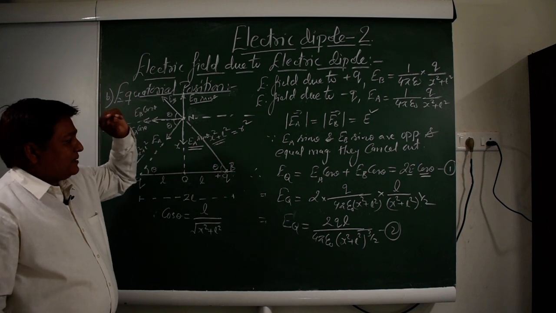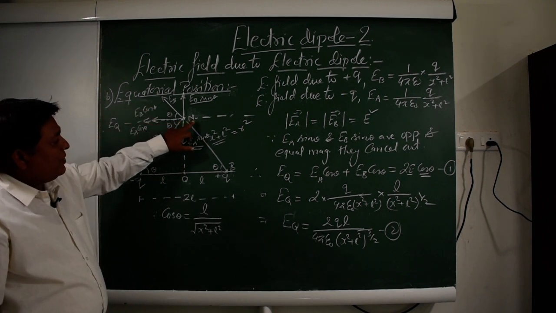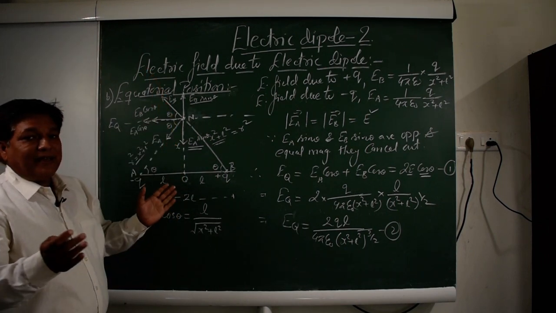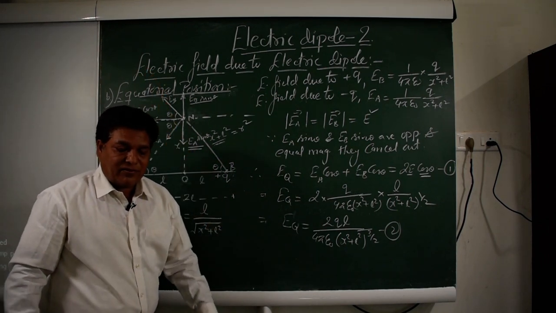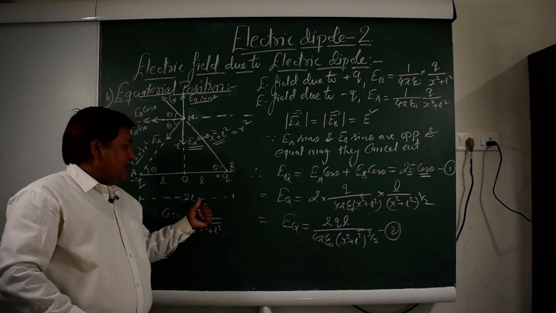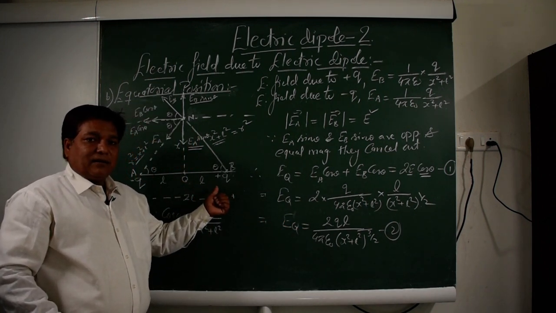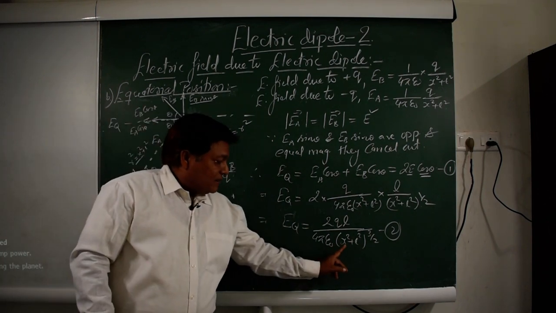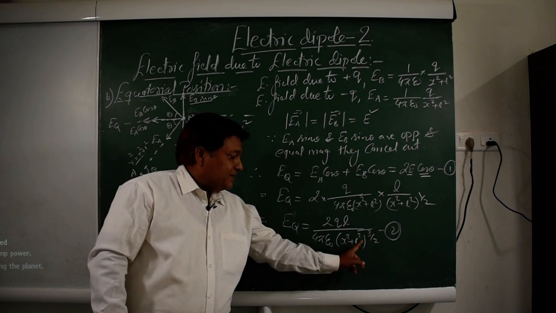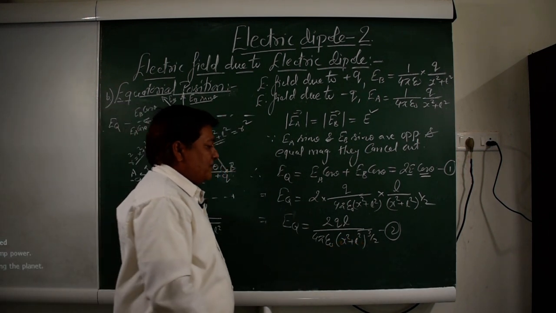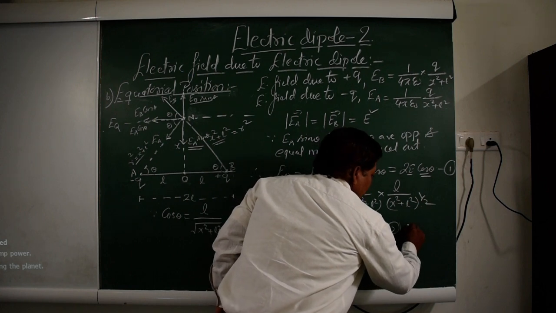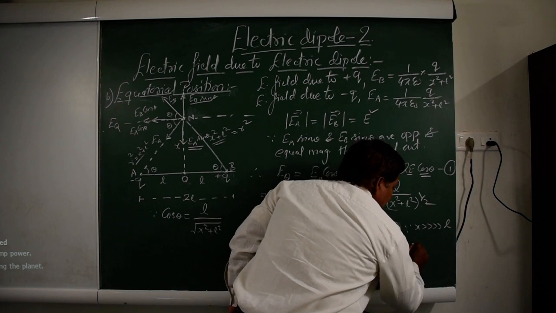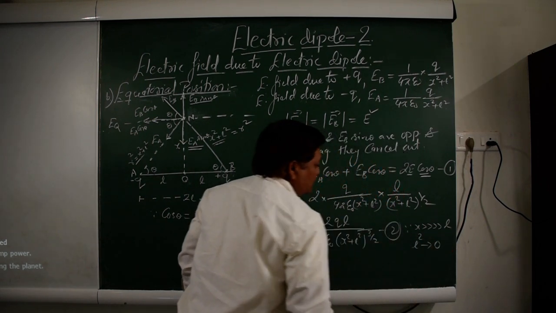Now suppose the distance of point N, which we have taken on the equatorial position, is very large, larger than the dipole length L. So if x is larger than L, then L square tends to 0.